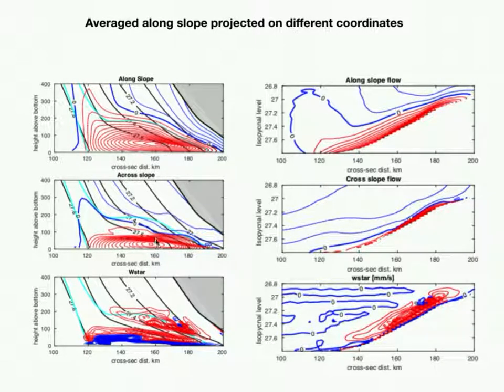One is approximately on top of the outflow, or the interface between the inflow and outflow, and the second is very close to the bottom, contained within the cross slope flow, the return flow zone.